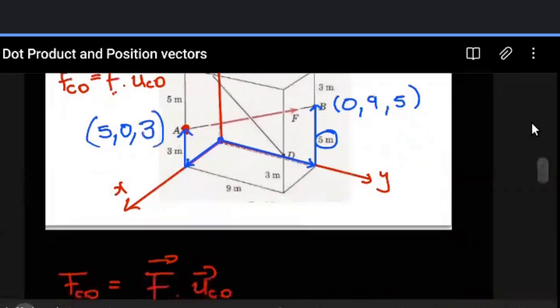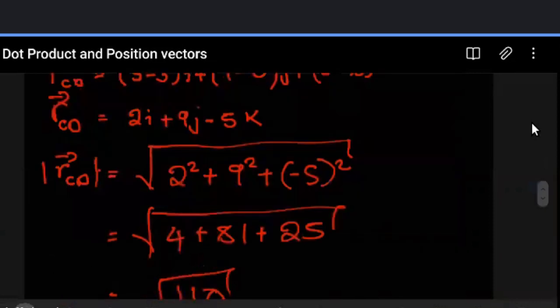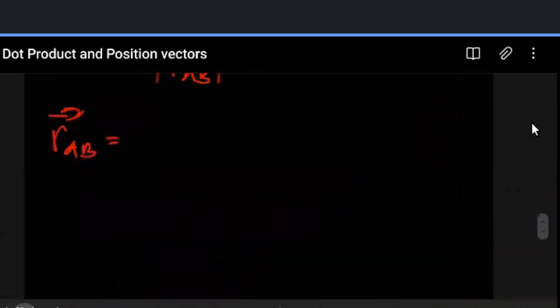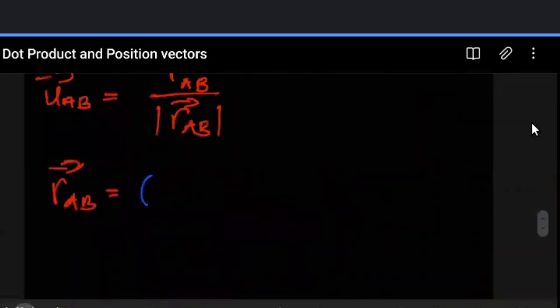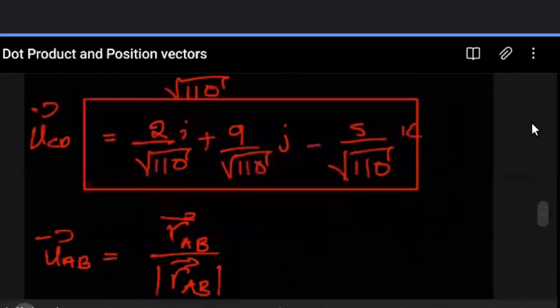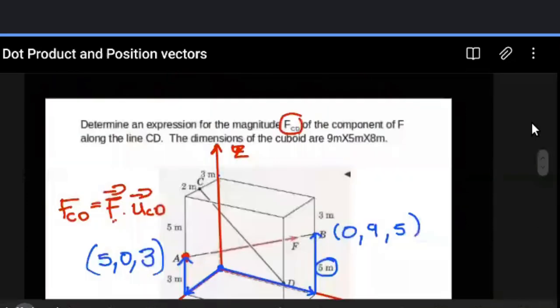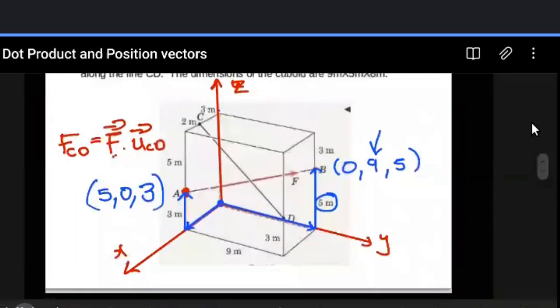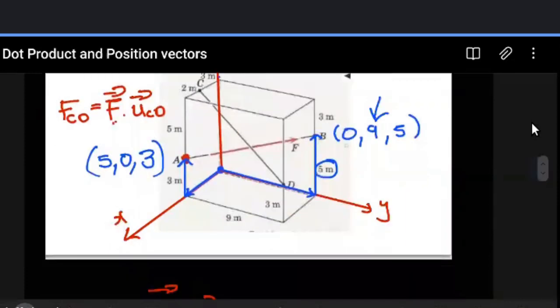So if we take the same method, the final point, which is B, minus the starting point, which is A, we see that for the first part, we end up 5 units up at point B, minus, we started 3 units up at A. Sorry, the X is 0 and 5.